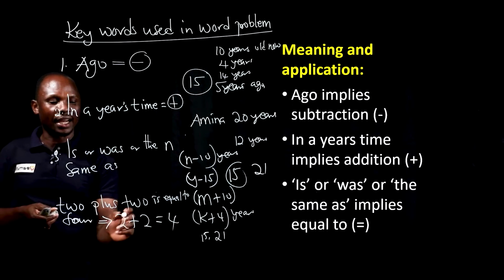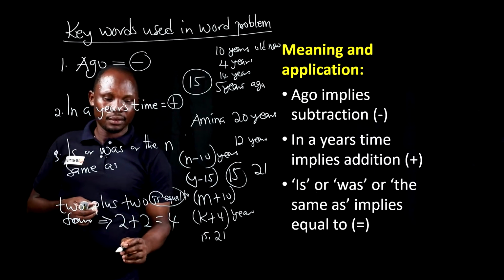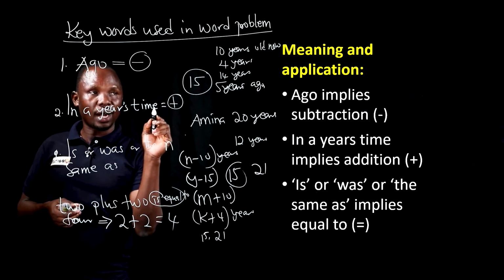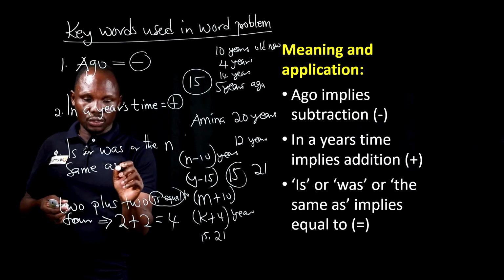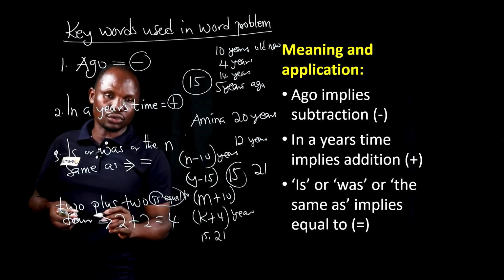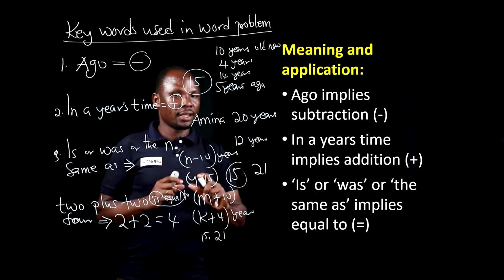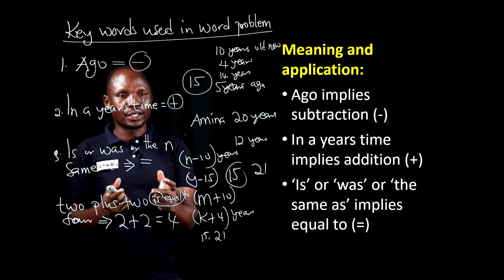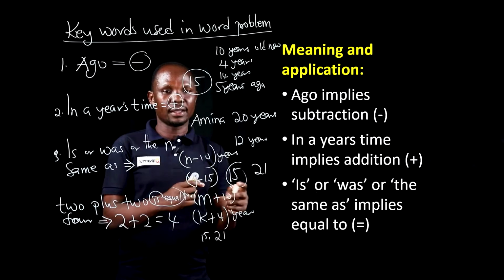So it means that is, in mathematics or as used in word problems, or was, or the same as, means or implies equal to. So the sum of the ages of Dede and Tete is 20 years.